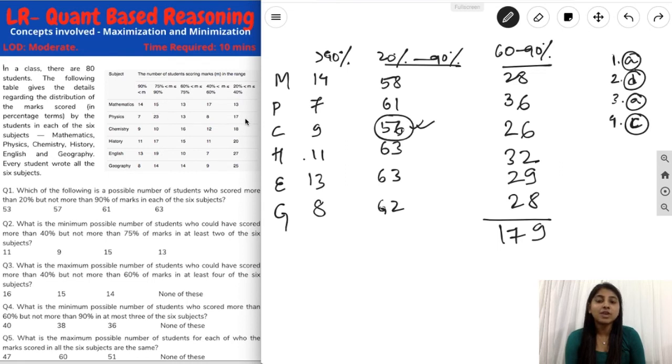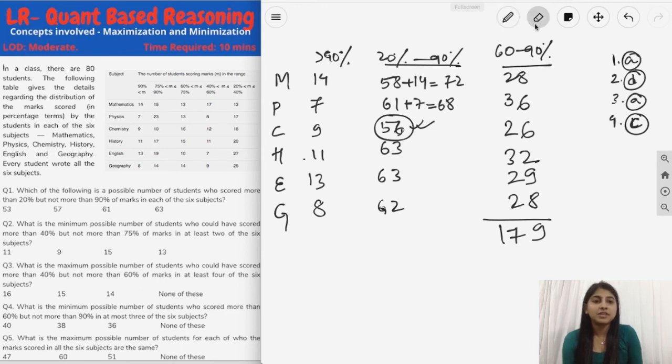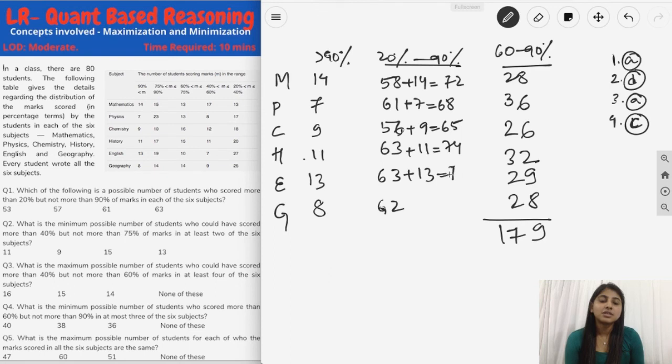But don't just take these columns, you need to take one more column. What column? The ones who have less than 20. Okay, so we have already taken the total from 20 to 90. Just add up the last column to these numbers, like this plus 14. What is it? 72 plus 7 plus 7, it will be 68 in this case, plus 9, that is 65, plus 11, 74, plus 13, 76, and plus 8, 70.